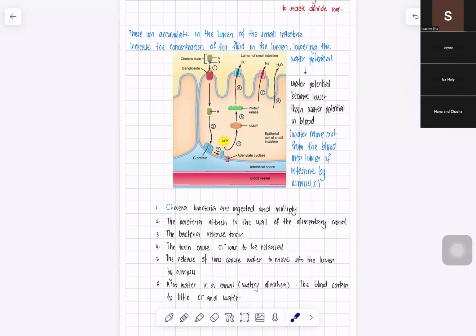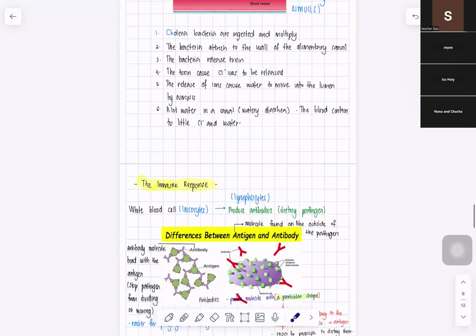Alright, Asha. Can you explain that back to me? For the toxin in the small intestine, diarrhea.